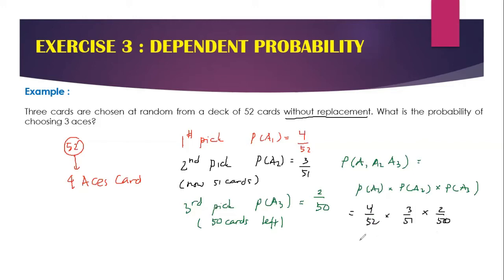We'll find 1 over 5525. Very clear. This is the probability. Clear, everyone? Okay, next we go to the next example.